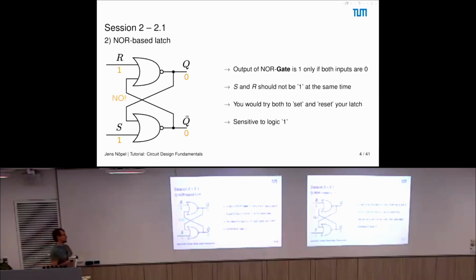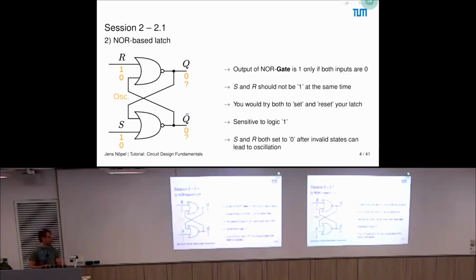So if you reset and set at the same time, what would you expect? So both of the outputs, Q and Q naught, are gonna be 0. This is something you should not do, and is also not really true. And what happens if you, after a forbidden state, switch to the set state again? The NOR latch or all latches begin to oscillate.